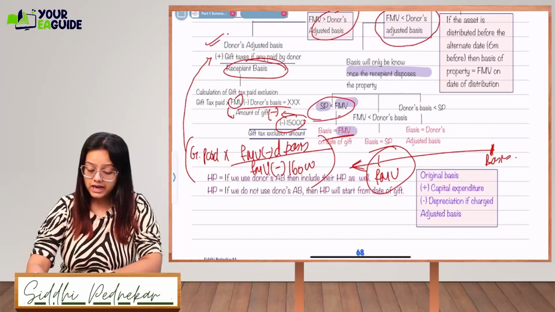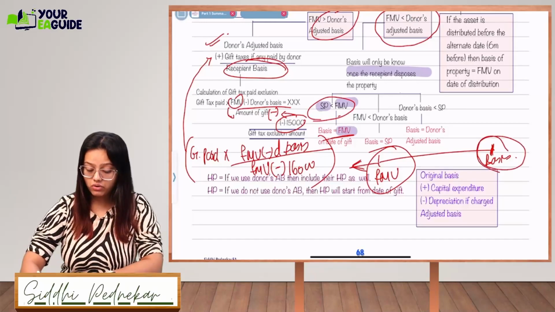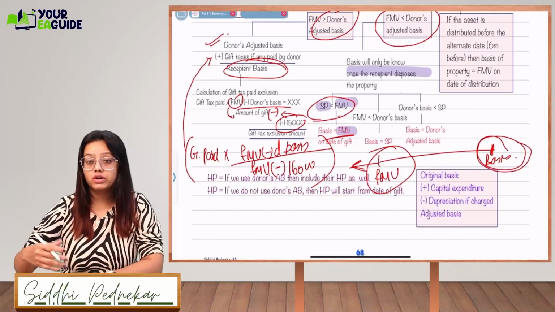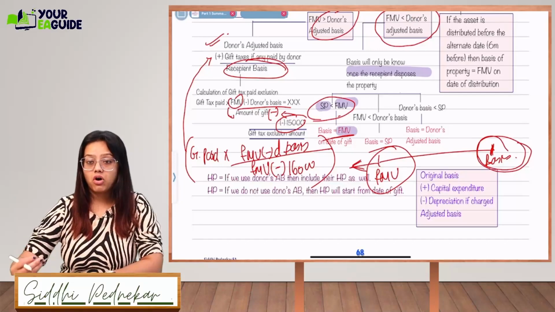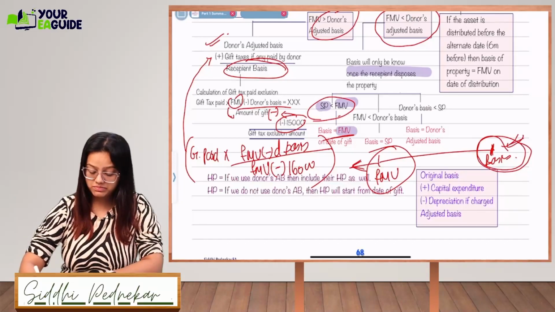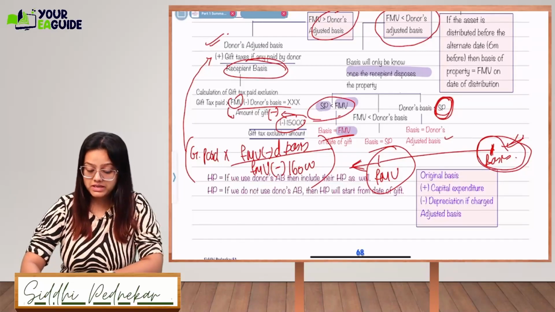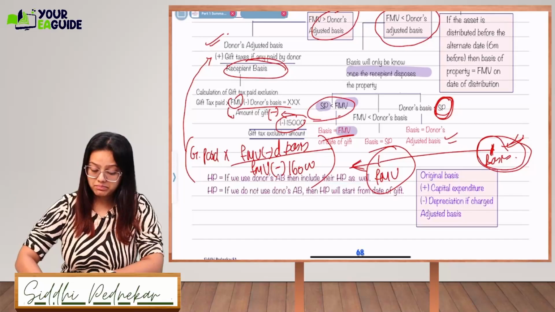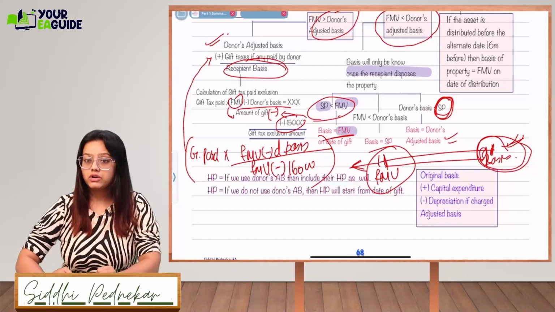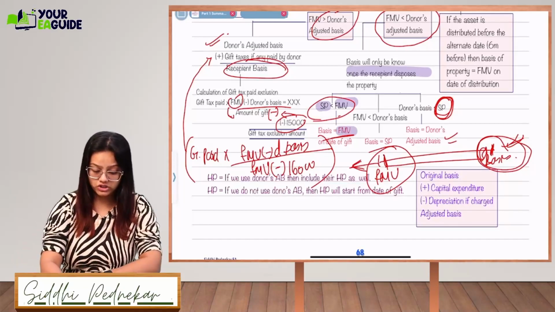If I sell at more than the donor's basis, then my cost basis will be the donor's basis. If it falls between these two amounts, it will be a no gain no loss situation.